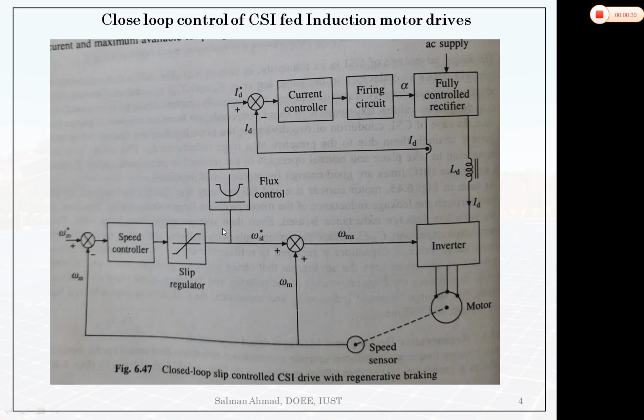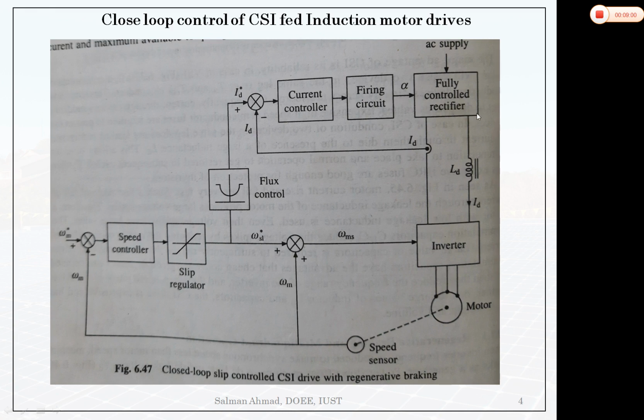Now this slip speed is fed to the flux control block to produce the reference DC link current. Now the actual DC link current and this reference DC link current are compared, and that is fed to the current controller, which gives the signal to the firing circuit control circuit, and it produces switching angle alpha for these controlled rectifier circuits.